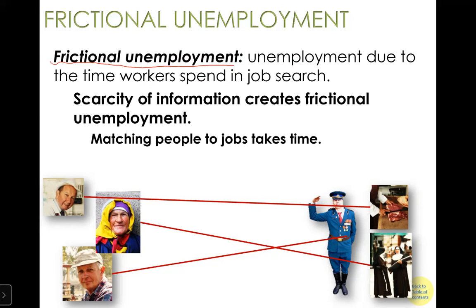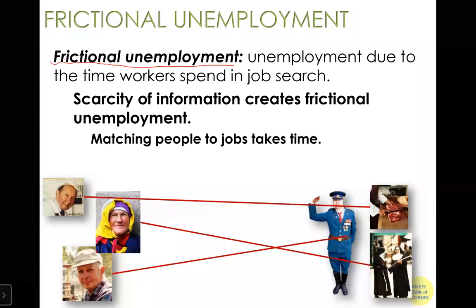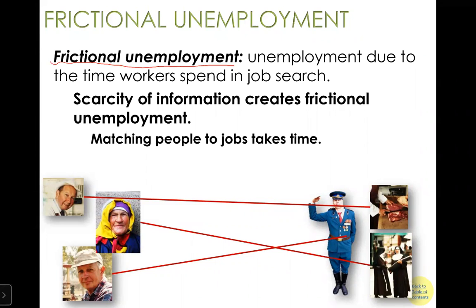Another way to think about this scarcity of information is to think about the dating market, right? You know certainly somewhere in the world you can find your significant other, but because of the scarcity of information in terms of what type of person you really like, or where the person you really like is, you don't know where she is or where he is, right?